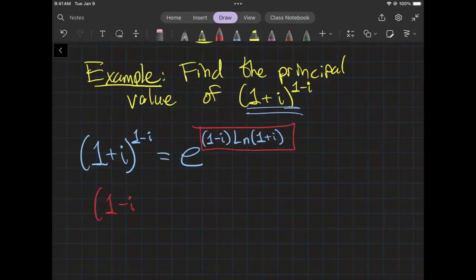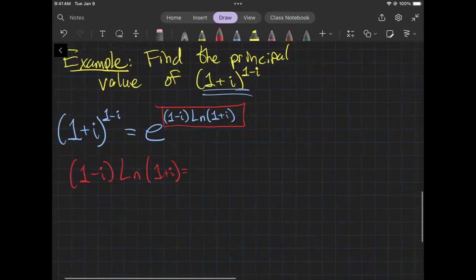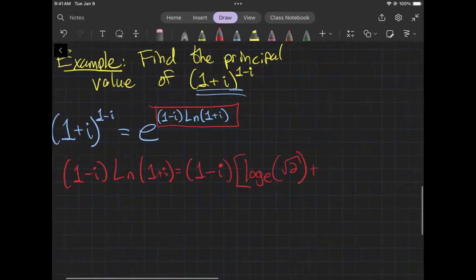The exponent is equal to 1 minus i times log base e of root 2, plus i times the principal angle of 1 plus i, which is pi over 4 radians.